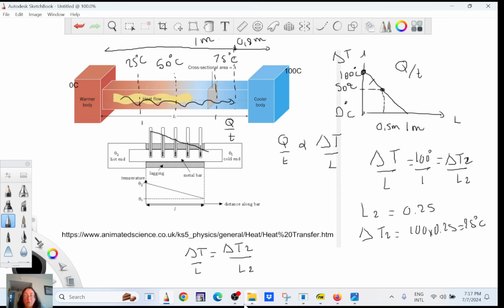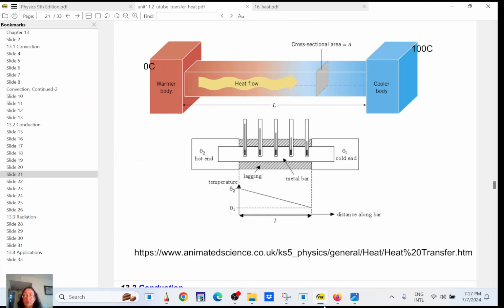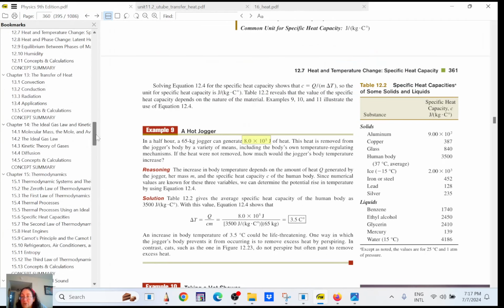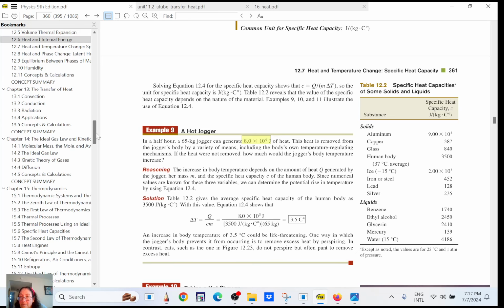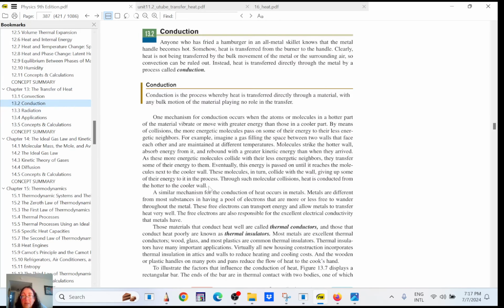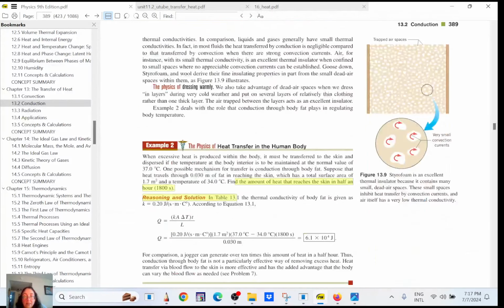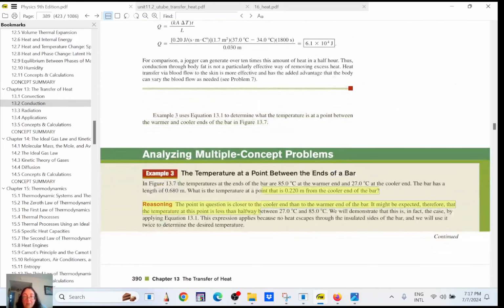So there was one problem like that in your book, but we kind of made it more complicated than it was supposed to be. There was some typo, but it's the same principle.